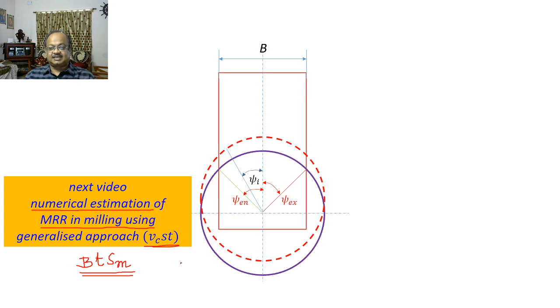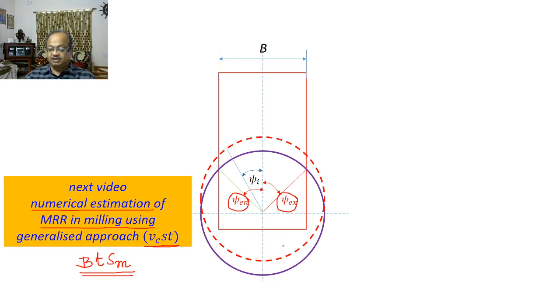We will depict that this particular approach and this particular approach give the same value, and that we would not do for B equal to D. We will take a general case, where B is less than D, where this would become your entry engagement angle, this would become your exit engagement angle, and this is the instantaneous engagement angle.